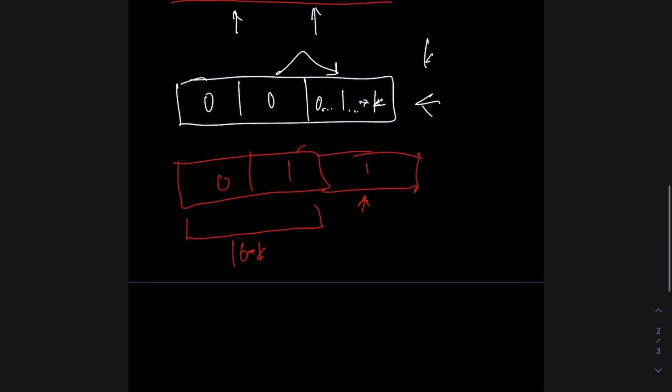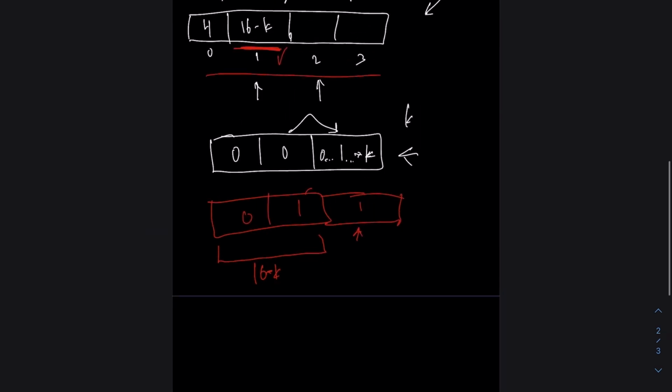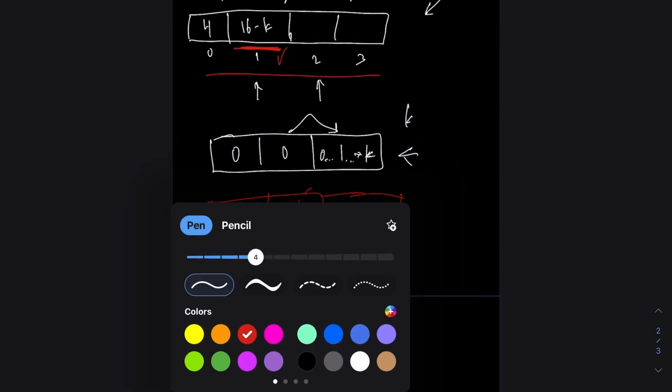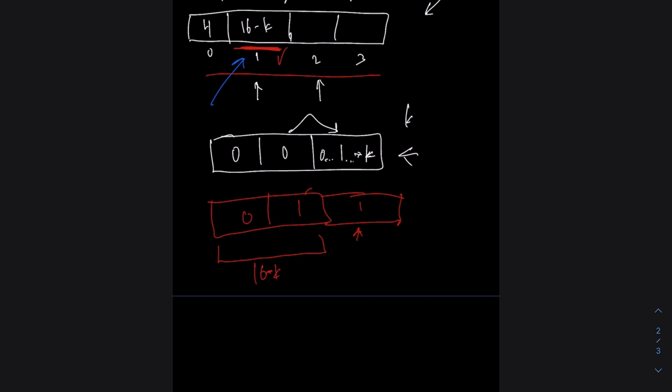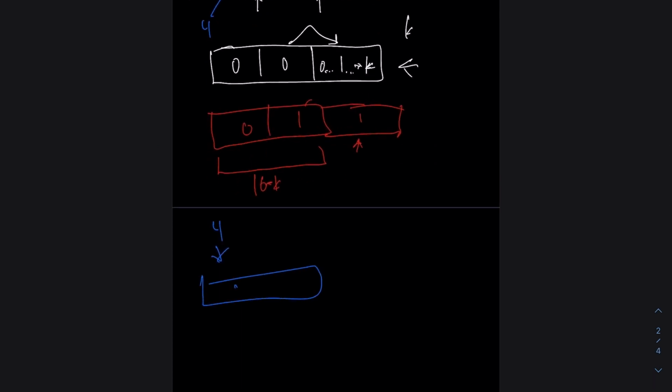For example, hypothetically, let's just say we have 4 combinations, and they are 0, 1, and these are all combinations that don't have repeating ending numbers.